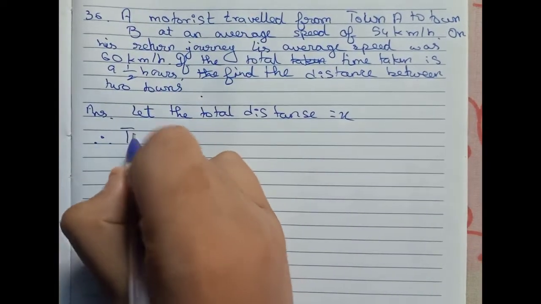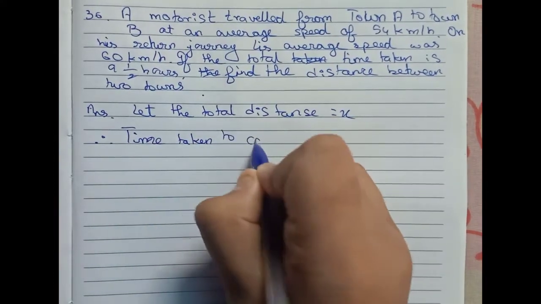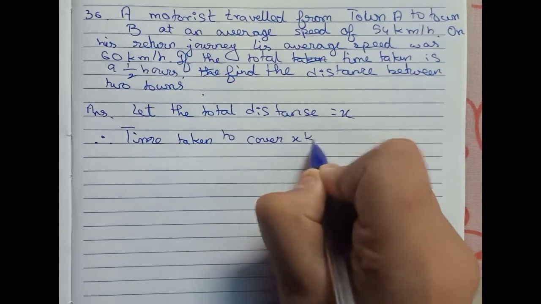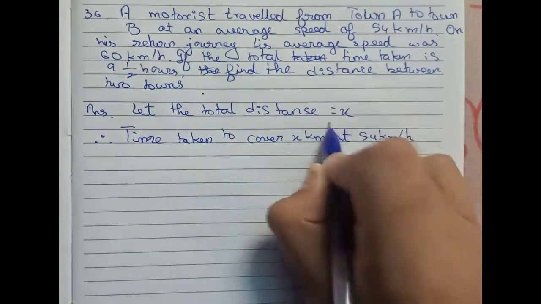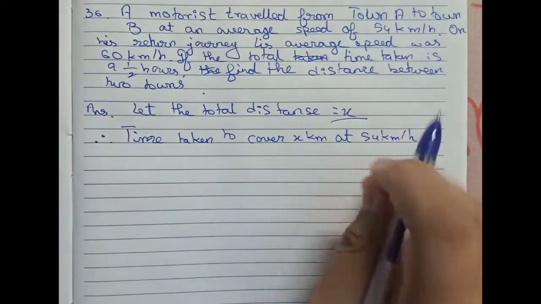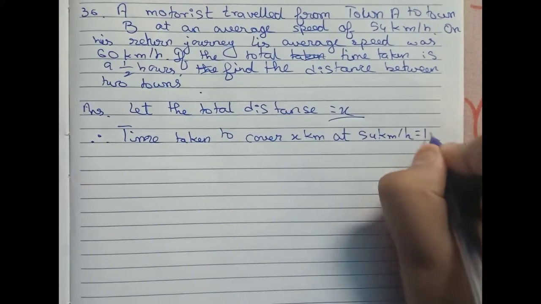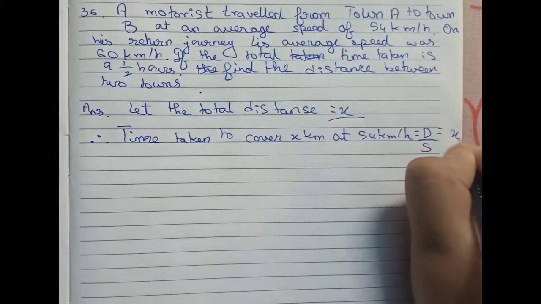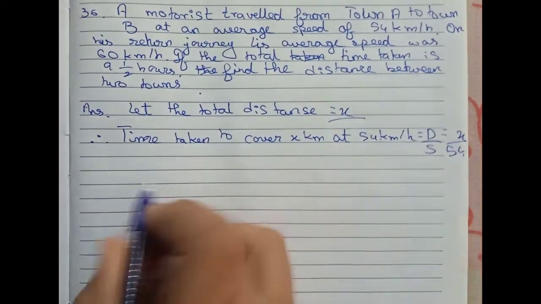Therefore, I write time taken to cover x kilometer at 54 km per hour. X kilometer means the distance covered in one direction, and 54 km per hour is the speed when the man was going. The formula for time is distance by speed, so our distance is x and our speed is 54. So it becomes x by 54.